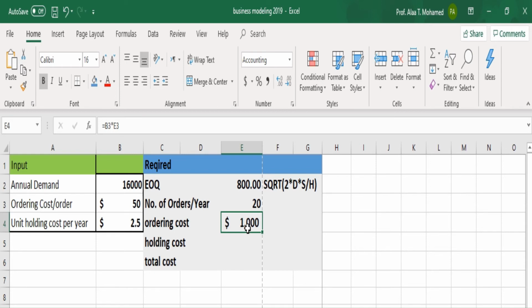Then the holding cost, you know the holding cost that you have the economic order quantities that you have ordered and put them in the inventory or stock. Then you use them as you manufacture or as you practice your work, and then after finishing the quantity, another quantity will come again.